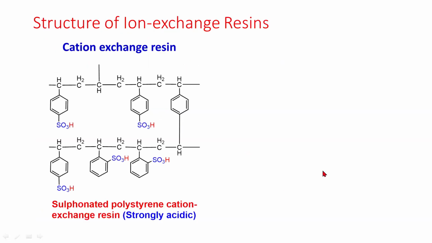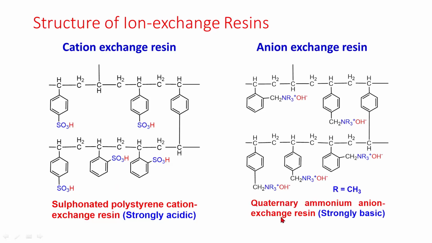Cation exchange resin: this is the structure of sulfonated polystyrene cation exchange resin, which is strongly acidic. The proton can be exchanged. This is the structure of an anion exchange resin, which is a quaternary ammonium anion exchange resin.